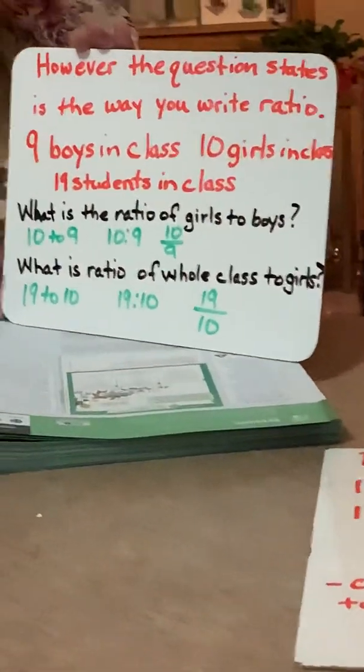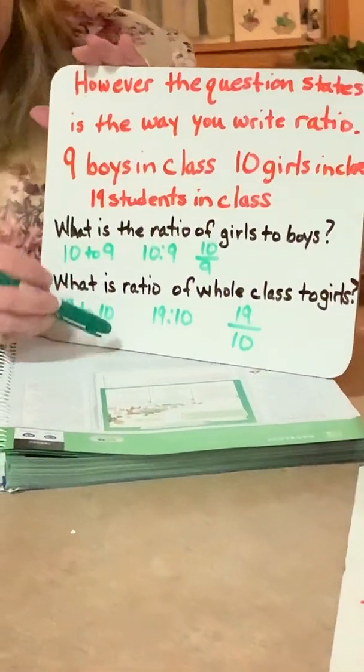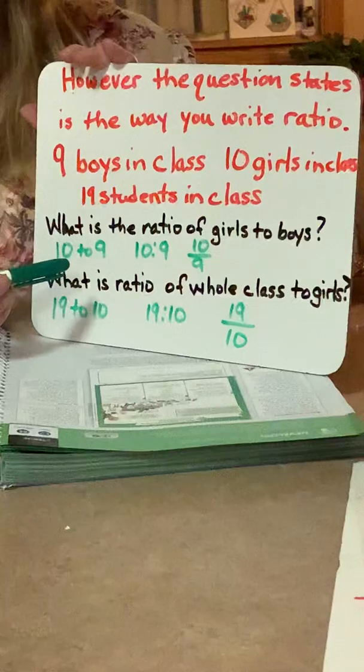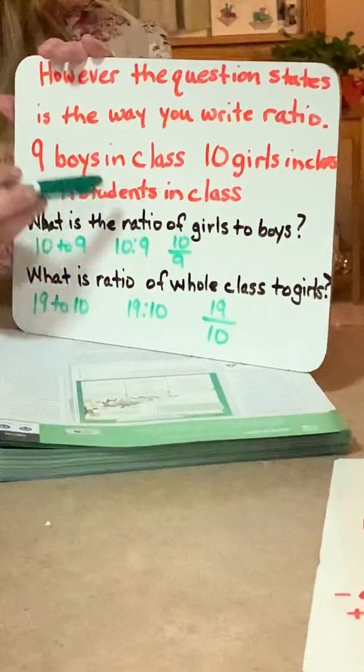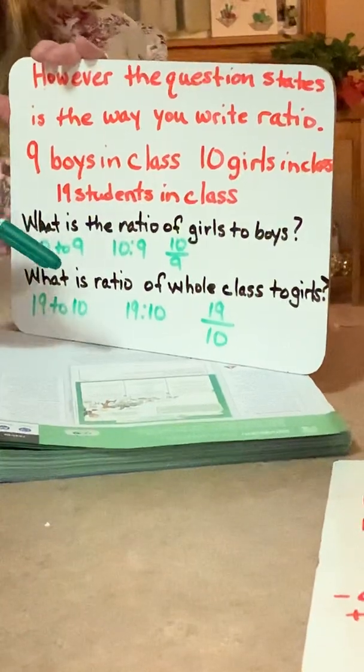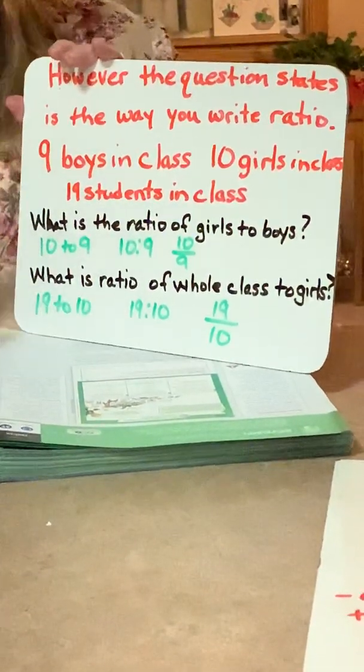You're going to write 19 with a colon, 10, or 19 in the bar form with a 10. Those are the 3 ways you would write it, because it's the whole class to the girls. Whatever the question asks is the way you have to put it. That's the key thing that you have to remember.